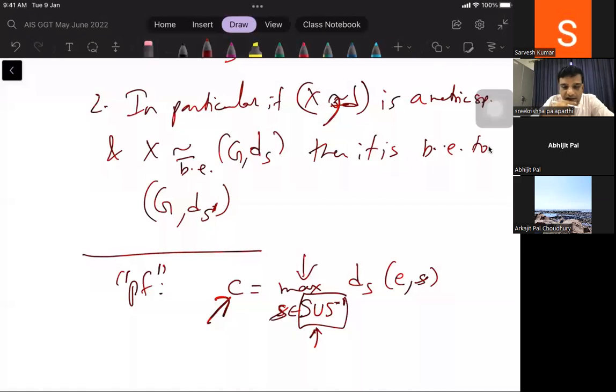In d_S prime, basically the length of s will be 1. Right, that's right, you're right. So that should be in the other space that I'm talking about. And here S inverse is redundant. Otherwise, it is always 1. So that distance is basically controlled.